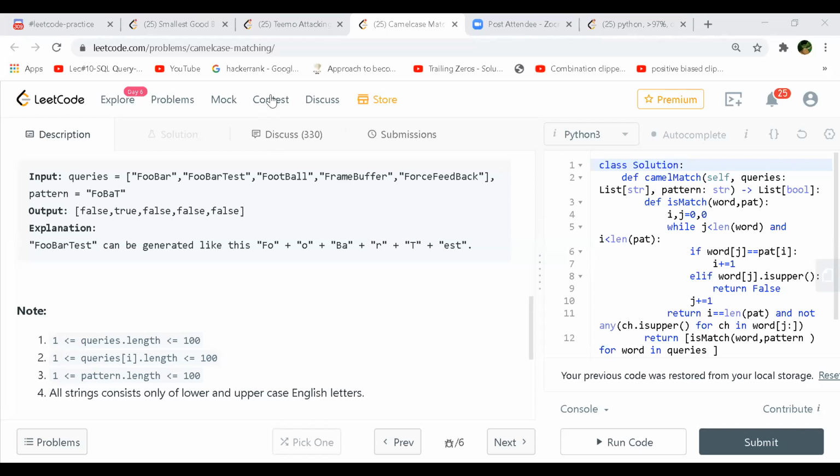So when you actually build replace with this, this is the query and this is your pattern, right? Okay. And pattern will have the capital letter and both. It will have both.